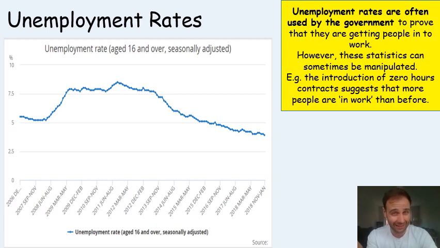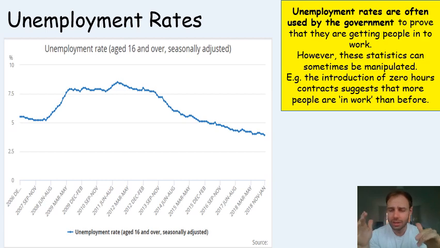So technically they're not working because they're not doing any hours at work, but they are employed, and therefore they are taken off the unemployment statistic, which means it's one less person unemployed, one more person in work. They're not actually doing any hours necessarily, but they are in work.